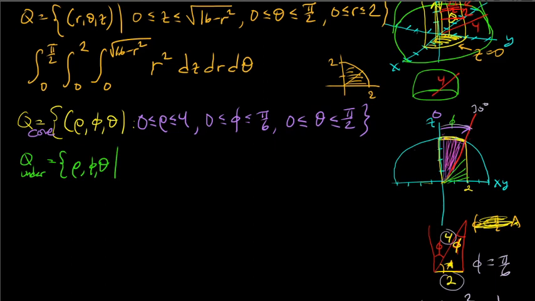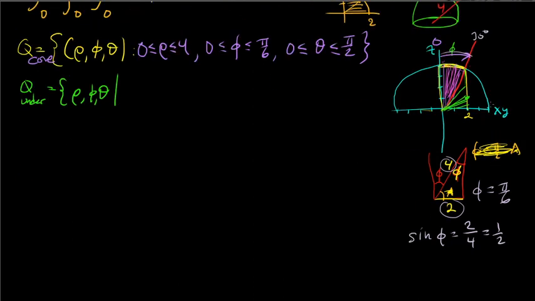Rho is the distance from the origin to this, I want to call it a vertical line here, but it's really the cylindrical part of it, right? So how can we represent this vertical line, or this cylindrical side here? Well, this is r equals 2.